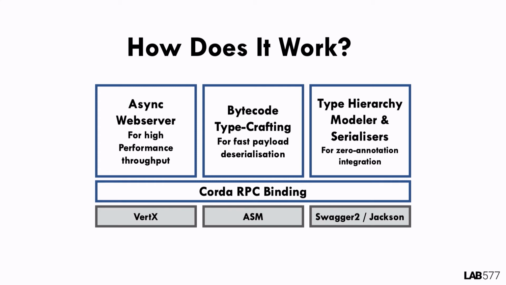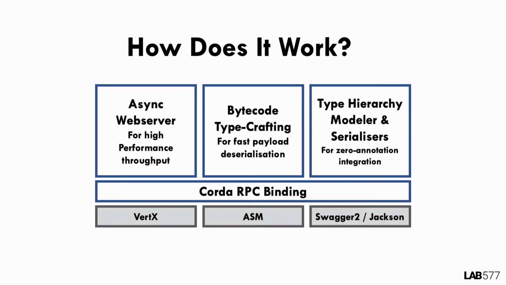There's 0 annotations involved. You don't have to decorate your types at all, although it does look for any annotations you put there. So if you decide to document it up, add some example, people do that with Swagger. They usually annotate and go, well, here's an example of how you would use this API. It'll respect that.